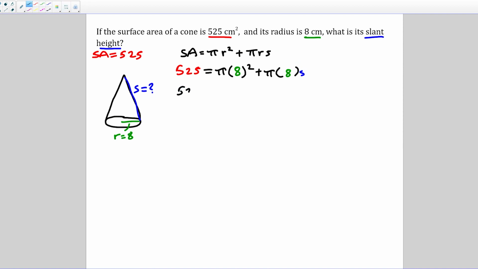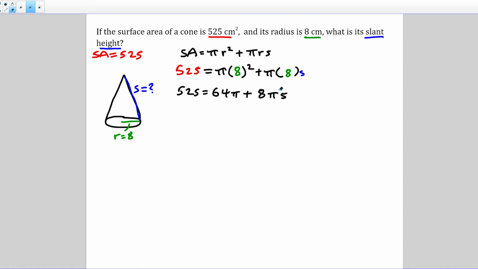Simplifying a little bit leaves me with 525 is equal to 64 pi because 8 squared is 64 and 64 times pi gives me 64 pi. And cleaning this up a little bit, or rather reordering how this is written, I'm going to write this as 8 pi s.